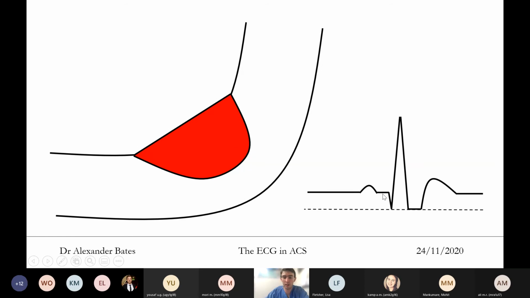So your isoelectric line is going to be raised because you can detect something coming towards you. Once the entire myocardium has depolarized, everything is in the same plateaued phase. So when it comes, the QRS will come all the way down to the isoelectric point, which is going to be down here. But as it is, now everything's the same, it is much lower than normal. And then when everything repolarizes, it comes back up to this other level.